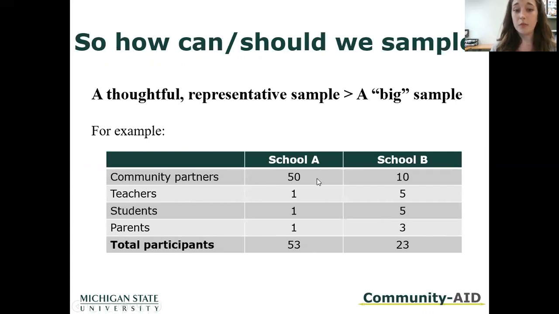So maybe they got a good sample of community partners, but when looking at the whole, they didn't really get a good range of experiences at their school. But this school, you can see they've got a good mixture of people's perspectives at their school, and it allows them to really understand how they're doing from a broad range of experiences.